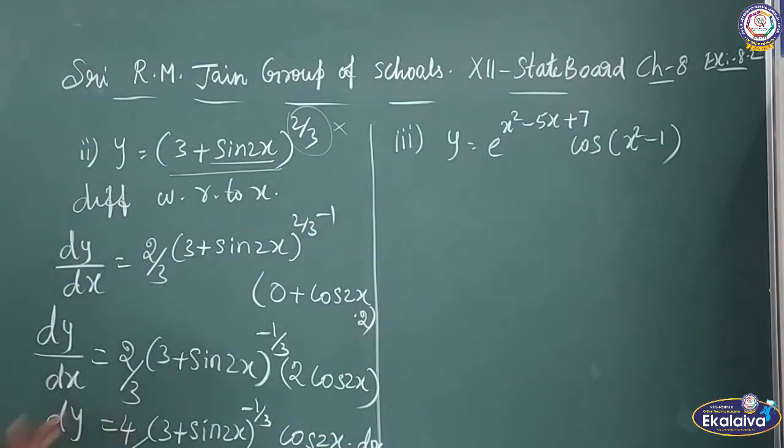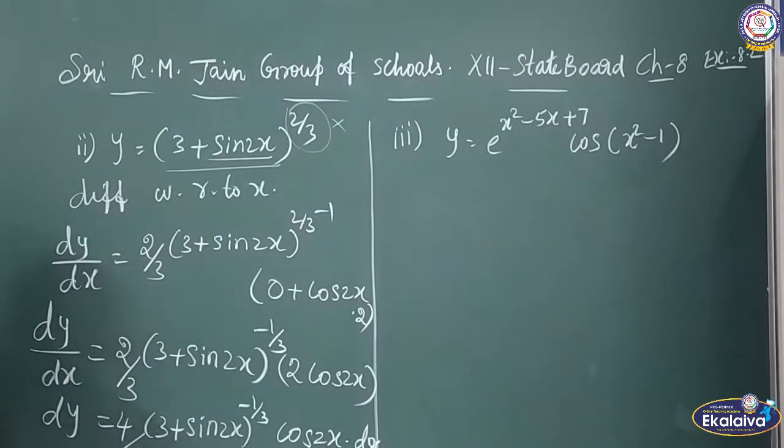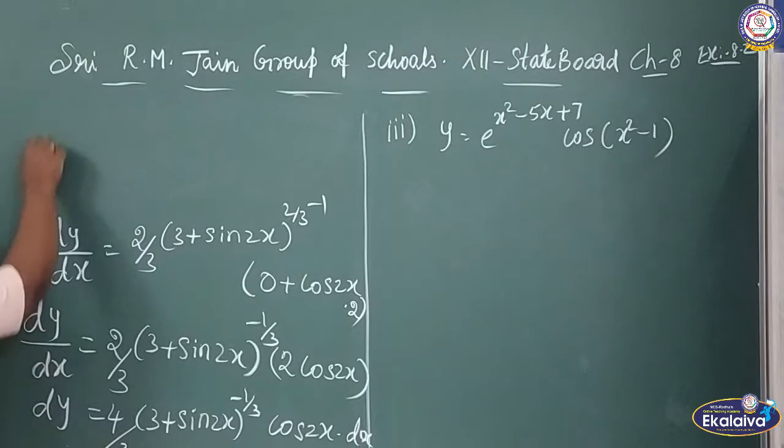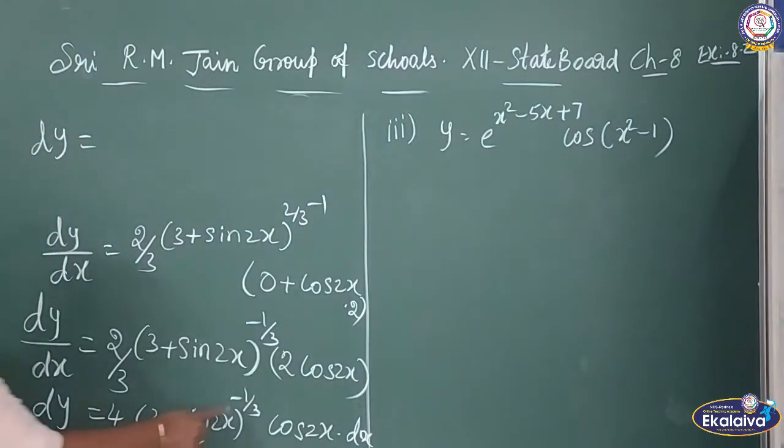That dx goes to that side, or otherwise you can bring it down also, no problem. This term you can bring down. So, it gives dy equals, the power is negative, so you can bring it to the denominator.